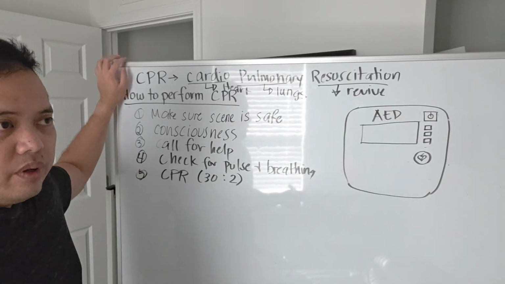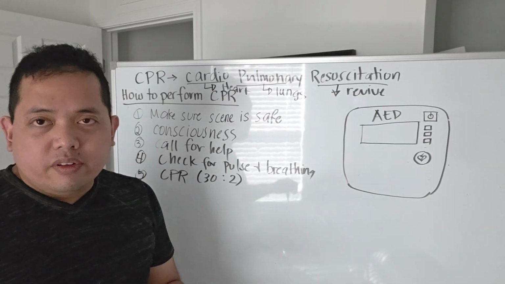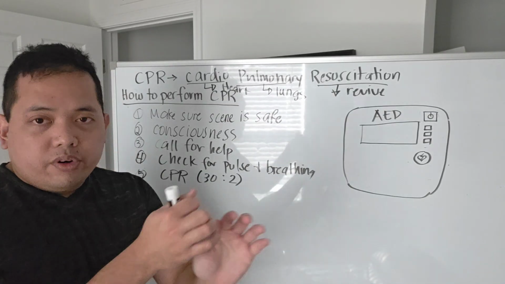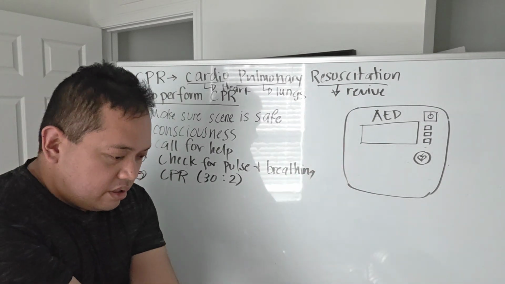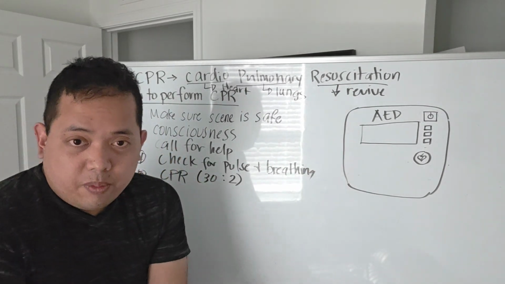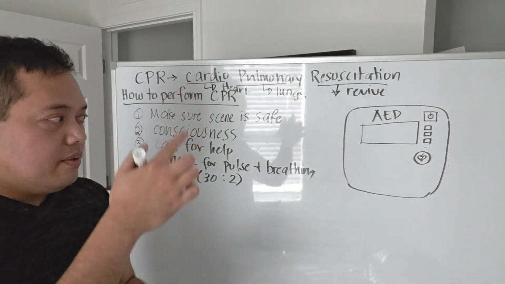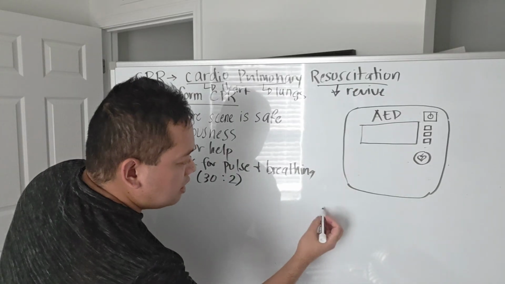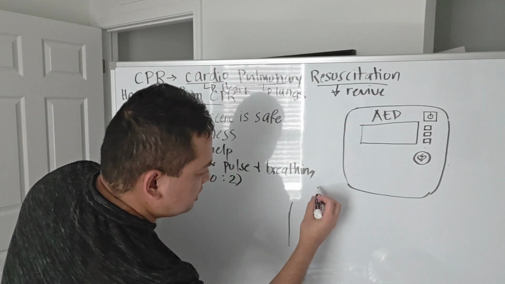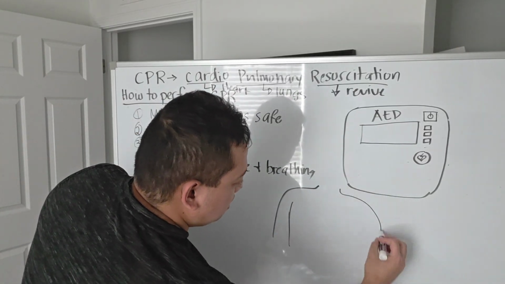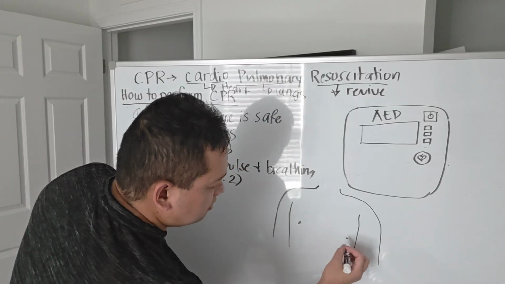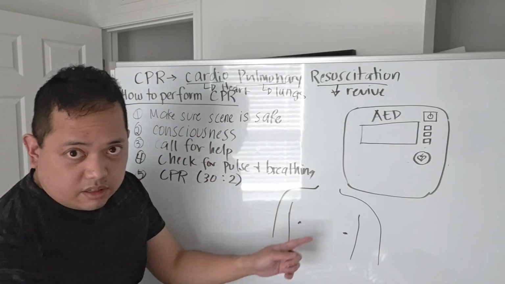So whenever you're doing compressions, right? I don't have a dummy with me, so you make sure you're on top of the person's chest. The landmark: this one's the chest.